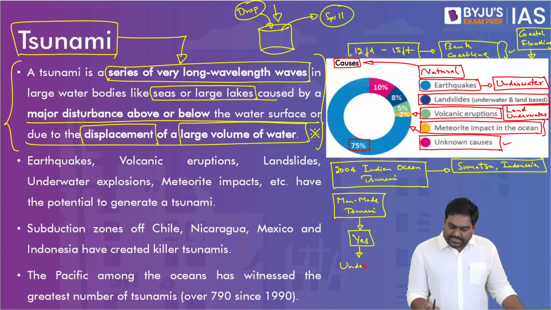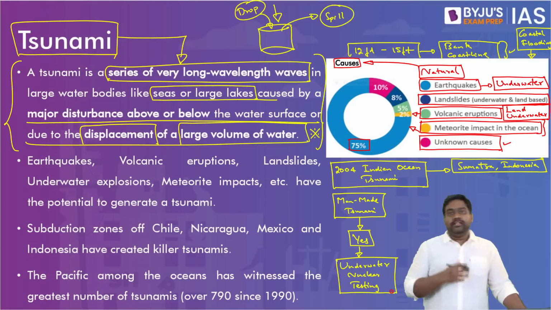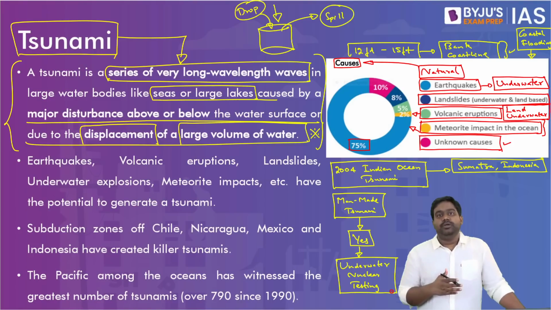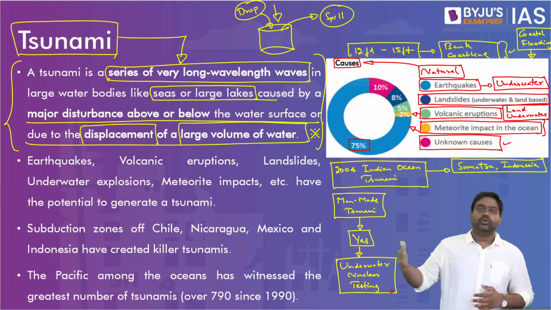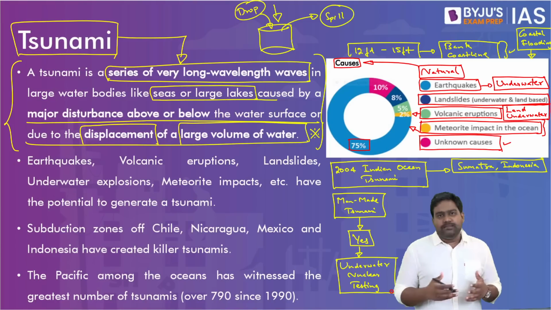Underwater nuclear testing can cause a minor tsunami. The energy released through a nuclear explosion can trigger long wavelength waves under the sea or the ocean, which strike the coastline. But of course, the impact will be very less.